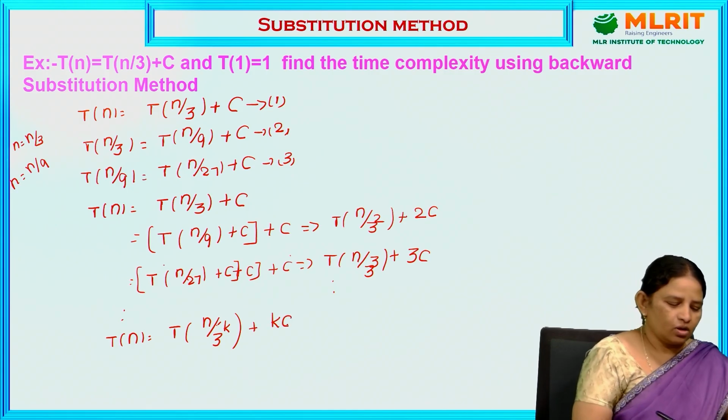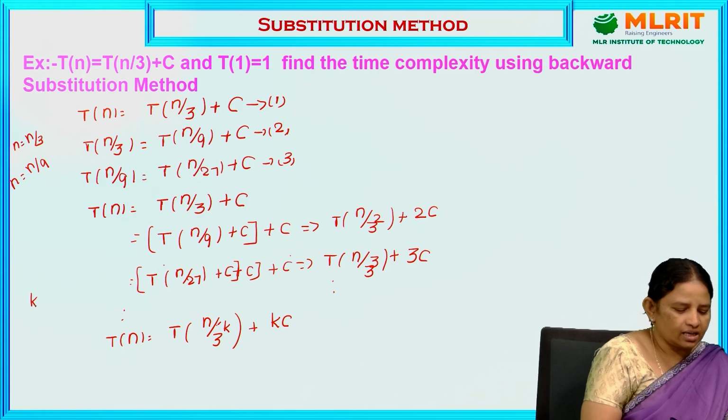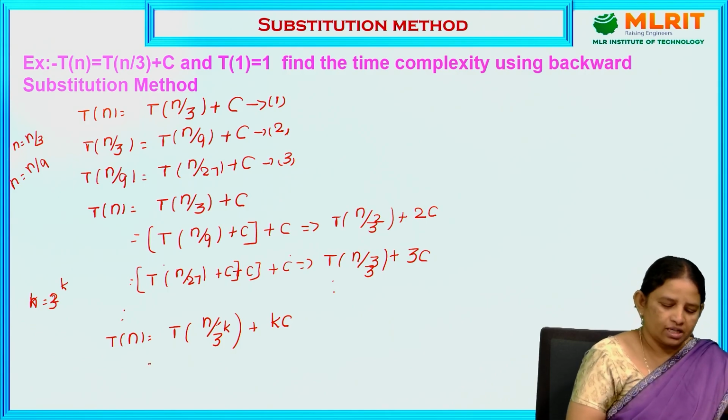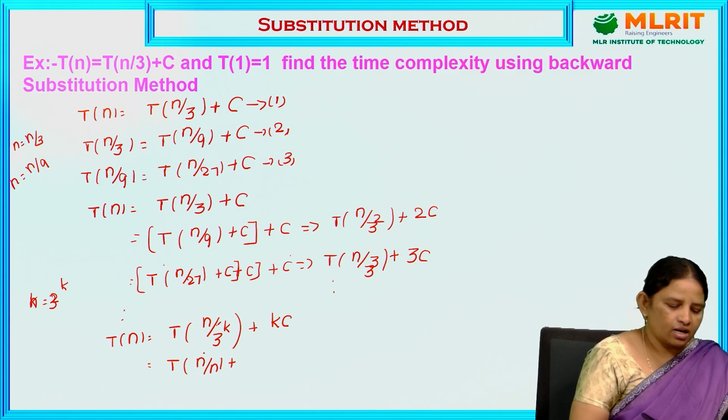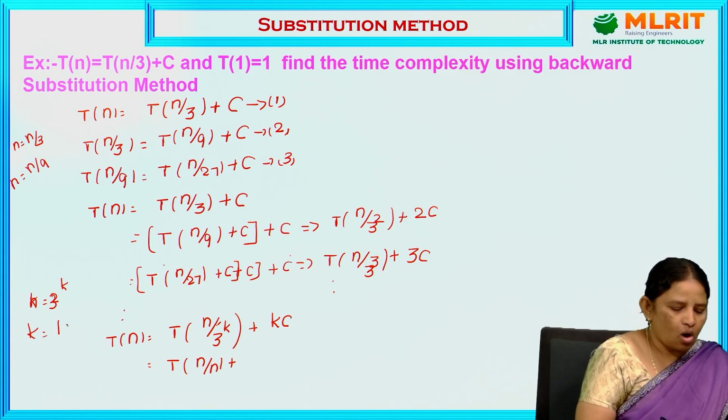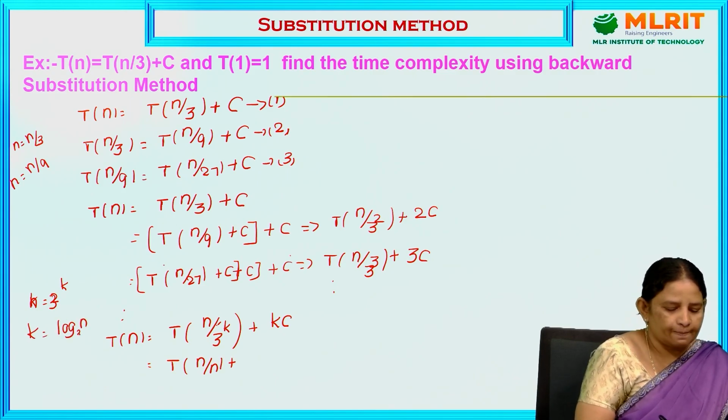kc. We know what k is. In the earlier case n equal to 2 power k, but in the place of 2 power k, 3 power k is there. So k equal to log n base 3.